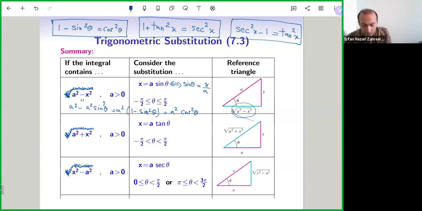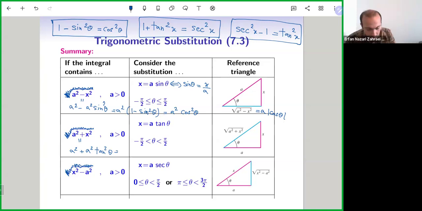So this side of the triangle, which is the absolute value, is the root of a squared cos squared theta, which is a, by assumption a is positive, and then the absolute value of cos theta. A similar thing happens here. If you substitute a tangent in this, you get a squared plus a squared tangent squared.